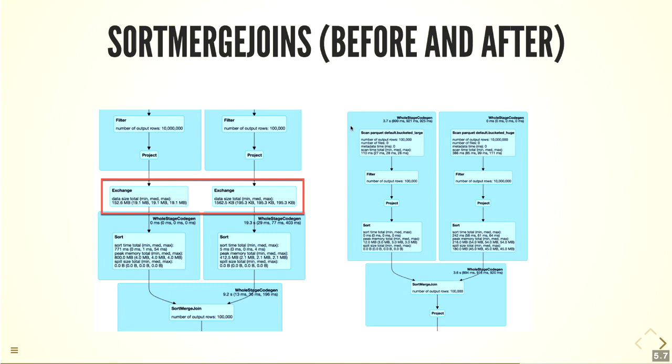And again, it will only give us performance gains if we use this join over and over again, because only then we can amortize, somehow get rid of the time we needed to bucket our tables.